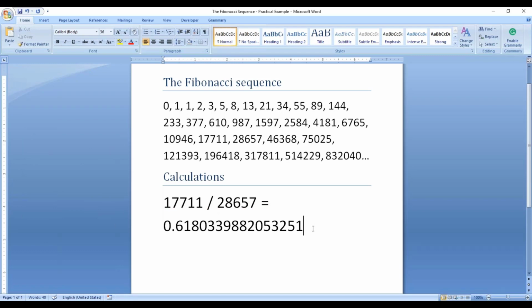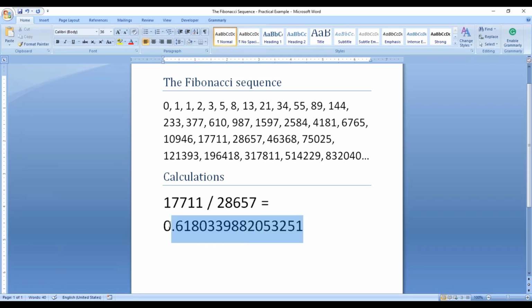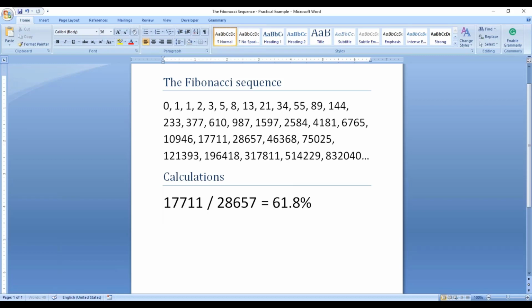Here it is. This is the result. And when we multiply this result by 100, we're going to get its percentage value, which is 61.8033, approximately 61.8%. Voila.